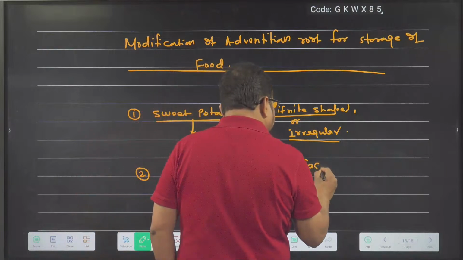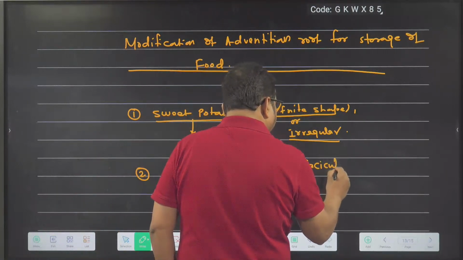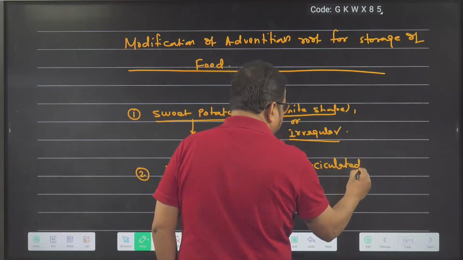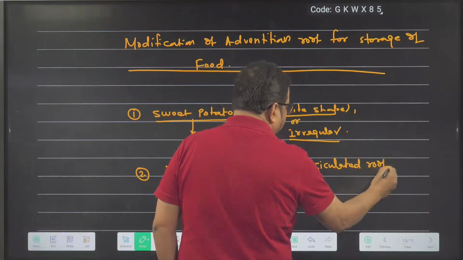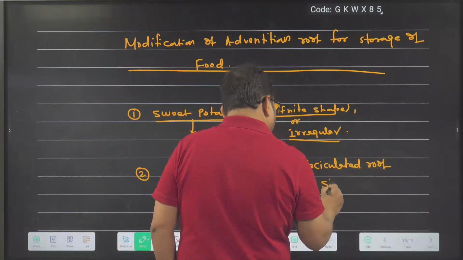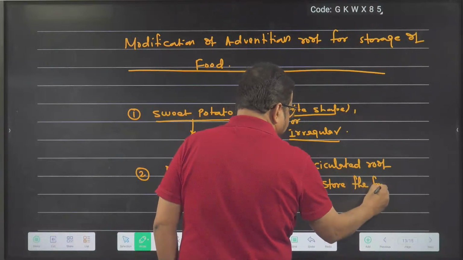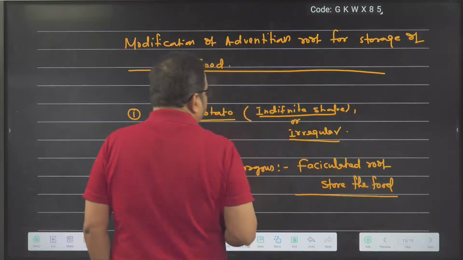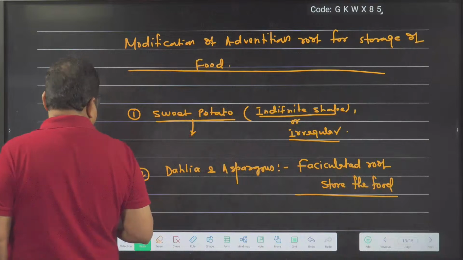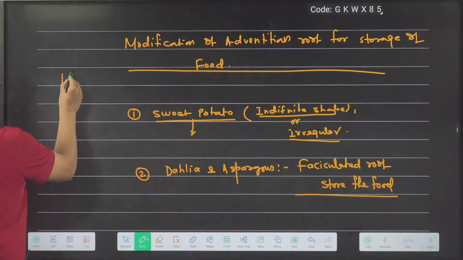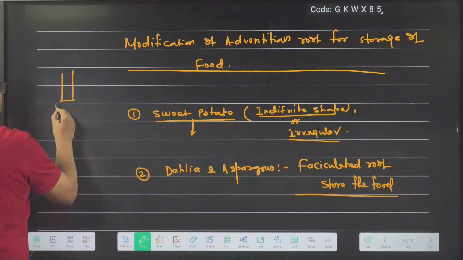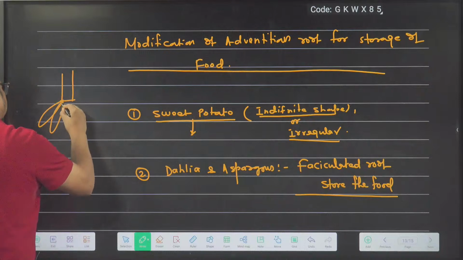Fasciculated roots are present and fasciculated roots store the food. So in dahlia and asparagus, what happens? From the base of the stem, you will find in dahlia a situation like this.